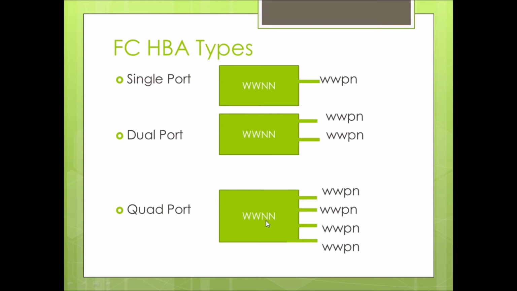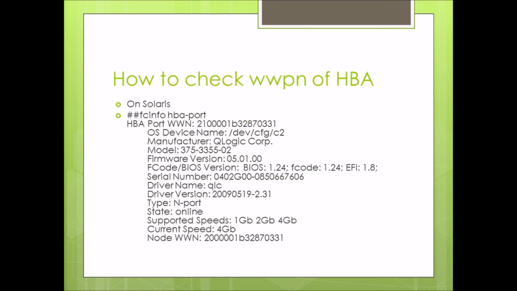In quad port, WWNN for the entire card, and then for each port we get a unique WWPN number. So to get maximum redundancy at the server level, we require two separate single port HBA cards. If you want speed also, then you can consider dual port and quad port also. Let's move to the next slide.